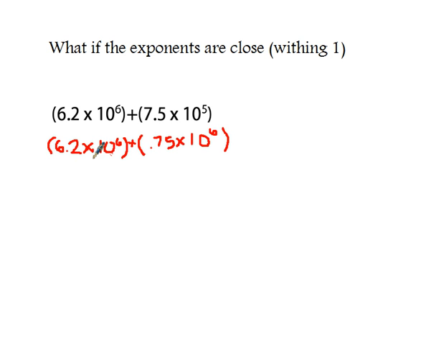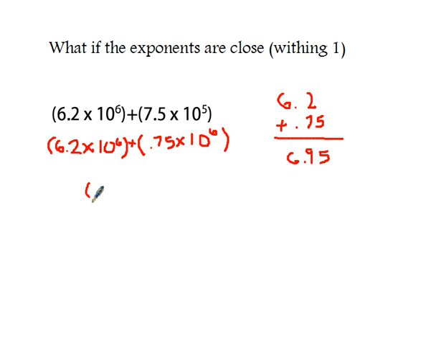Now because these two things are both times 10 to the 6th, I can just add them together. 6.2 and 0.75. Add those. 5 plus 0 is 5. 2 plus 7 is 9.